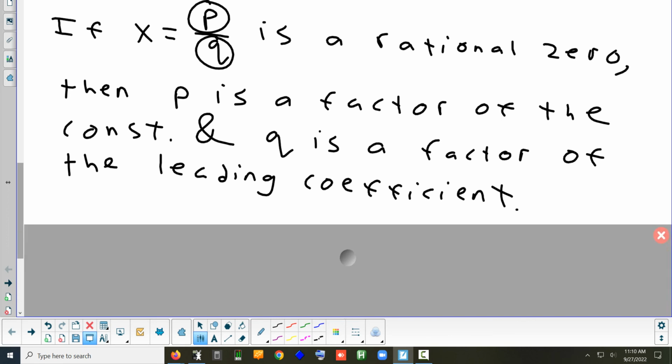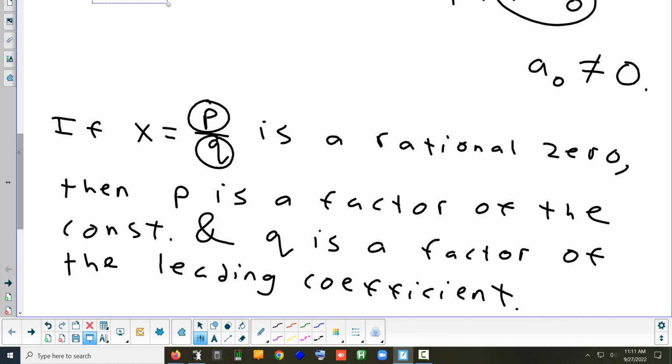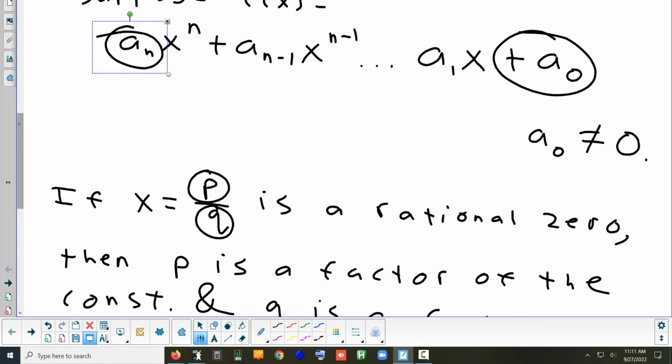What this theorem does for you, and you're going to see this in a minute, is it generates a list of possibilities. It's going to generate lots of possibilities, especially if the constant was a number like 24. Well, there's a lot of factors of 24: 1, 2, 3, 4, 6, 8, 12, 24.